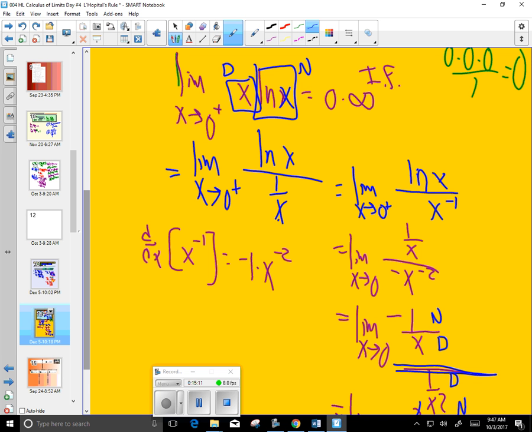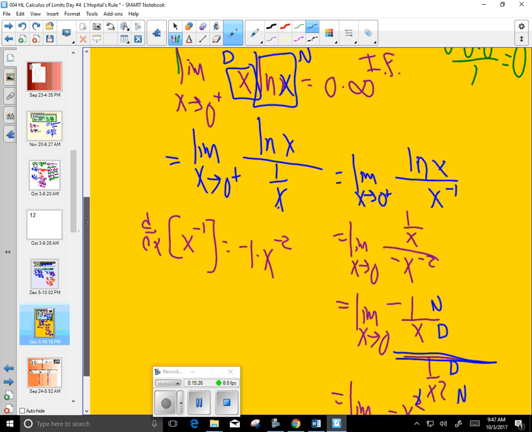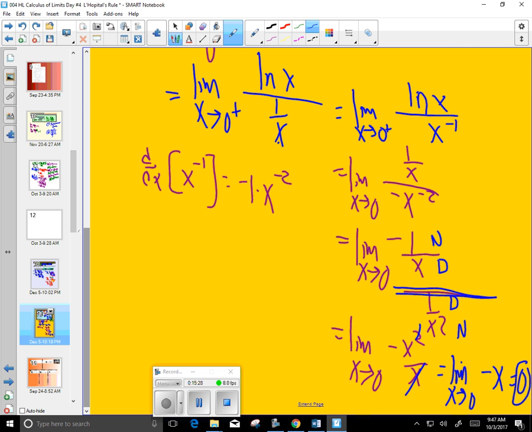I rewrite these because I can take the derivative of x to the negative 1 more easily than I can visualize this derivative. So the derivative of natural log is 1 over x. Derivative of x to the negative 1 is negative x to the negative 2. Rewrite those, and you pull this up to the top, and that's where the negative x squared over x comes from.